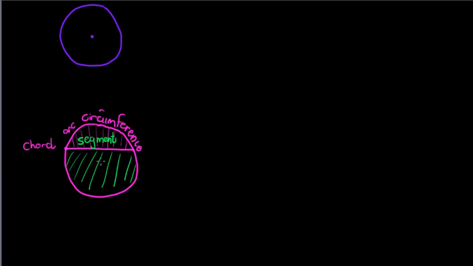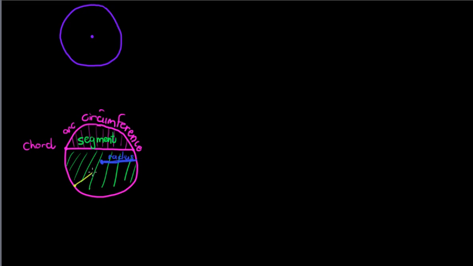Another word that we are going to use is if I take from the center of the circle to the circumference, that is called a radius. And then there's one special chord. Remember, a chord is from the circumference to the circumference.